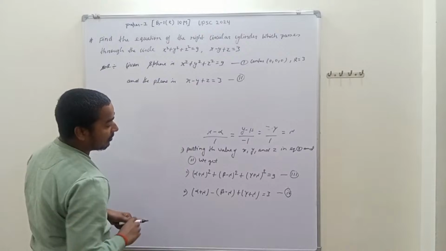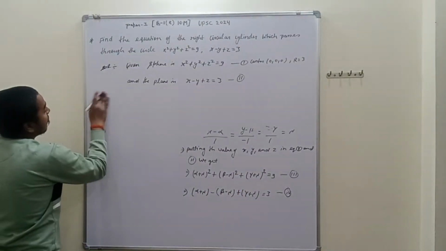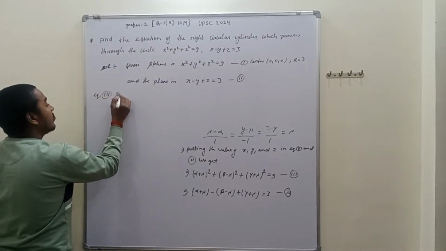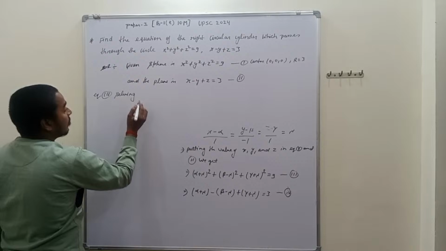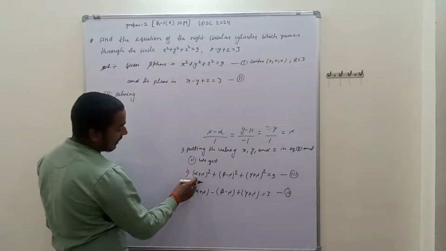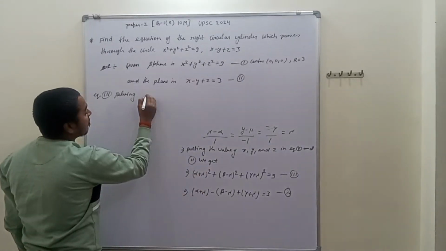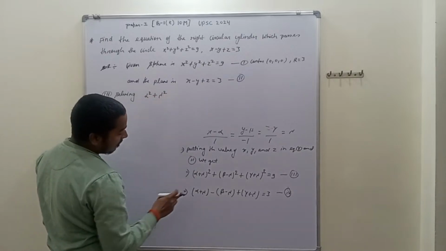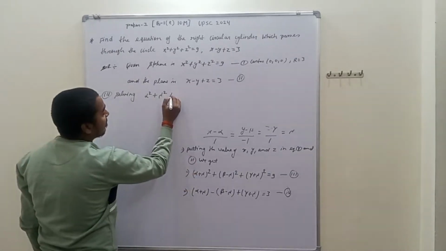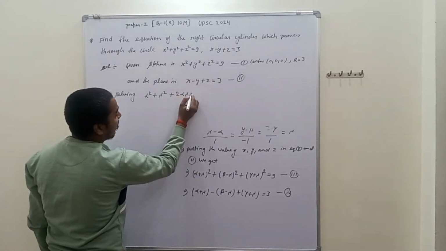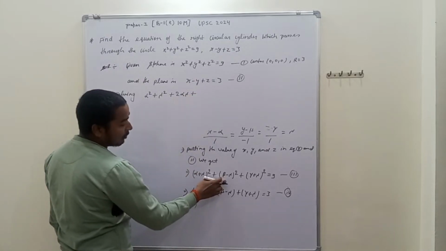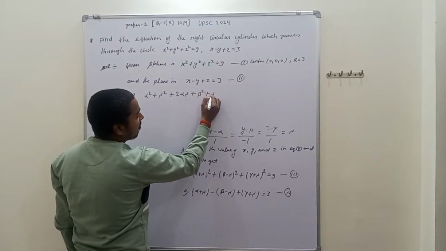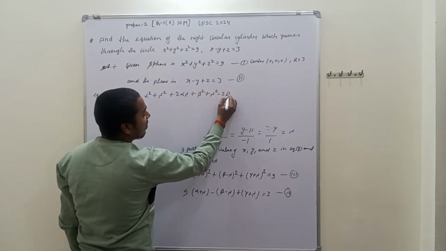We have to solve equation third. Expanding alpha plus lambda whole square, that is alpha square plus lambda square plus 2 alpha lambda, and plus we expand beta minus lambda whole square, that is beta square plus lambda square minus 2 beta lambda.